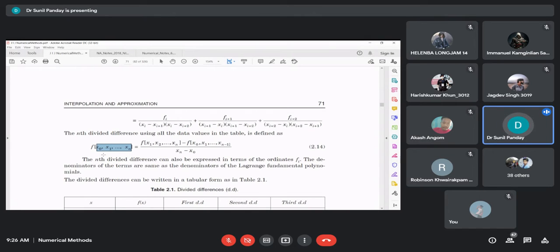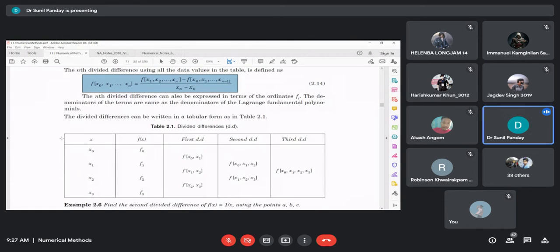To calculate this one, we calculate the n minus 1th order divided difference of the last n variables, minus the n minus 1th order divided difference of the first n variables, divided by xn minus x naught. So this is, in general, the nth order divided difference.